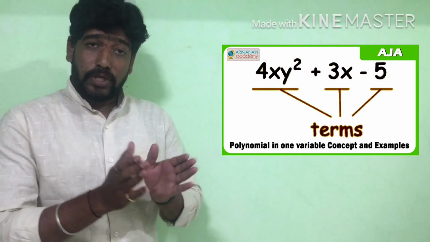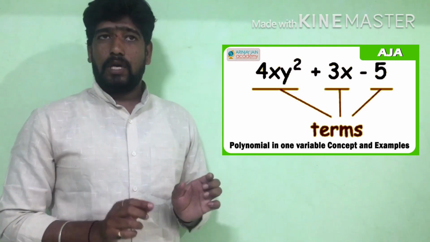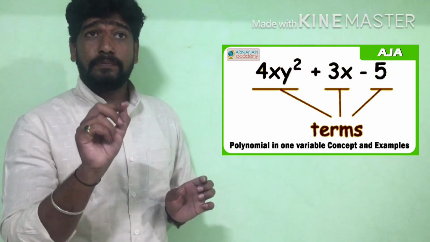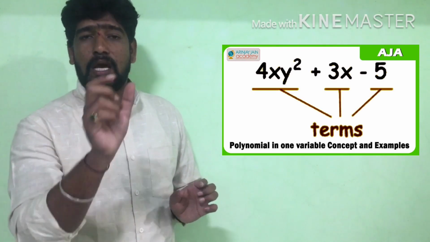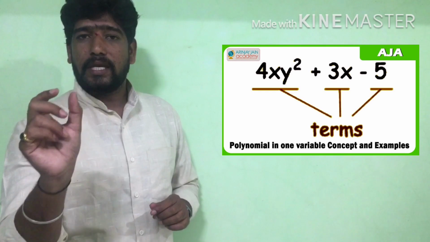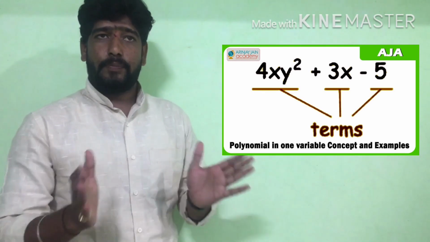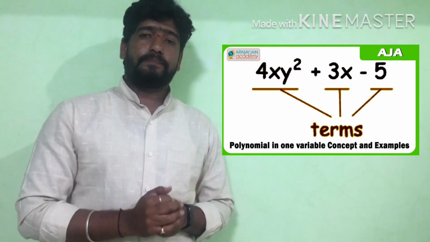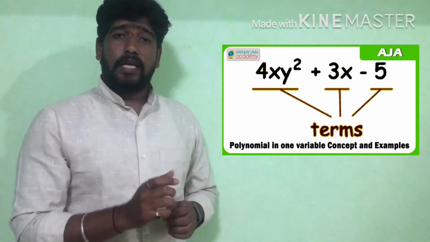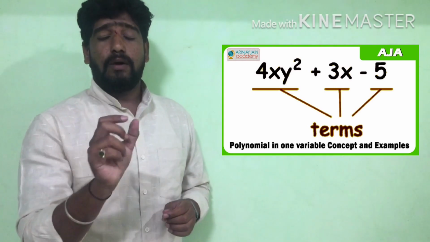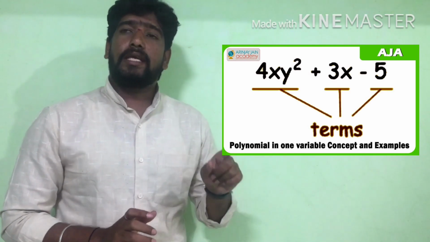Now we separate: 4xy square is one term, minus 3x is another term, and minus 5 is another term. Totally 3 terms. When separating, if a negative symbol is there, we have to read it: minus 3x, minus 5 and 4xy square.